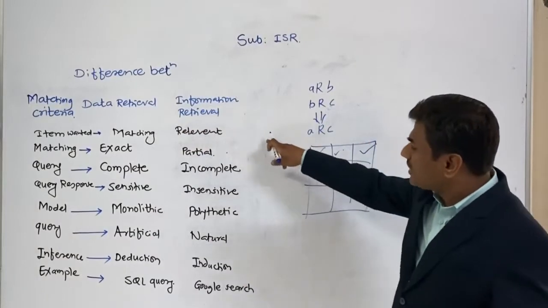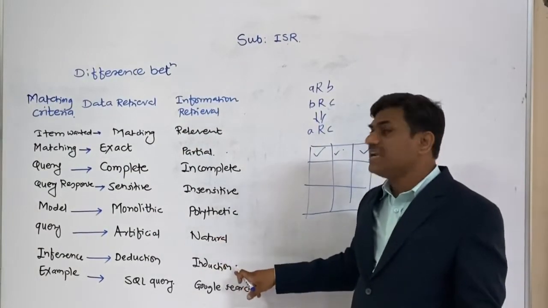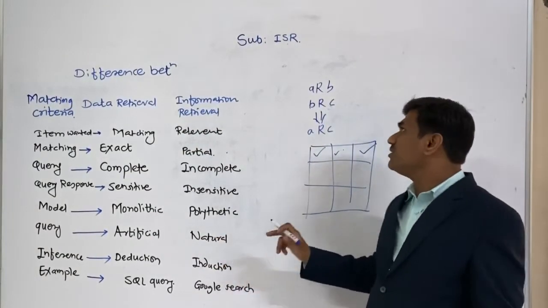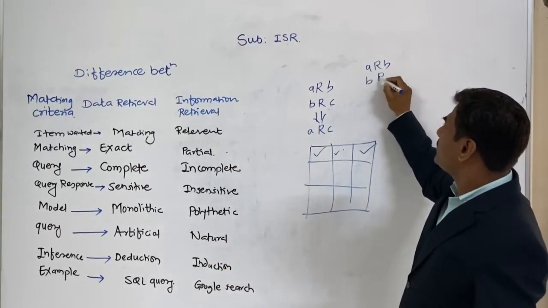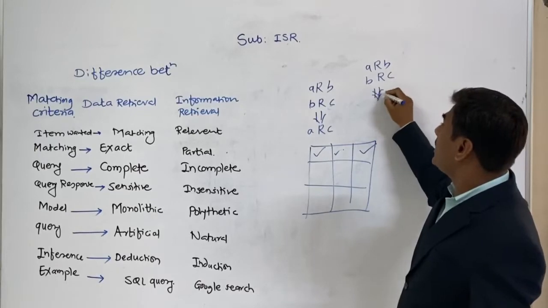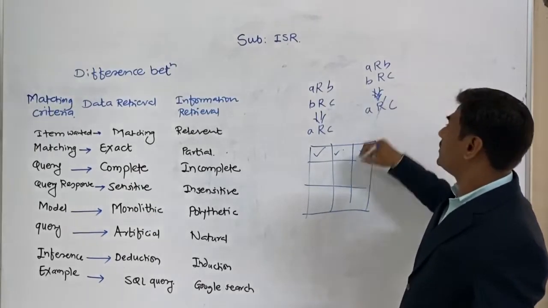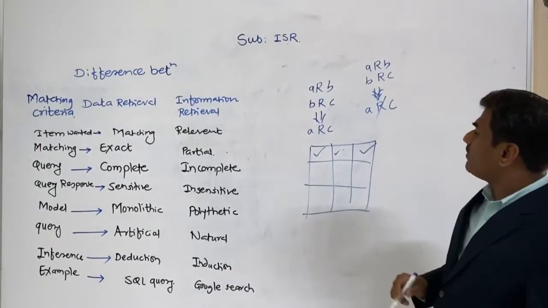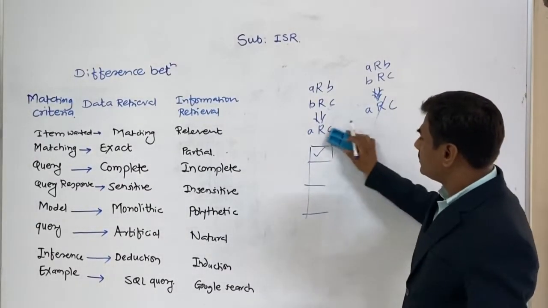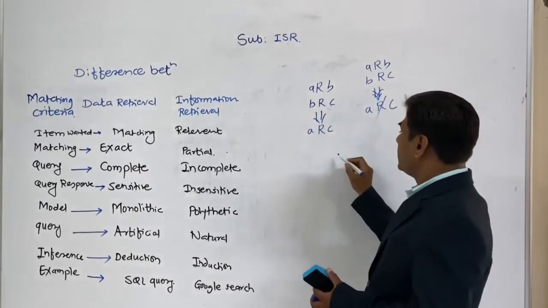Here in information retrieval, inference is induction. Inference induction means what? If A is having a relationship with B, B is having a relationship with C, it does not mean that A is having a relation with C. So, with another example using a Venn diagram, I will explain to you this induction model.